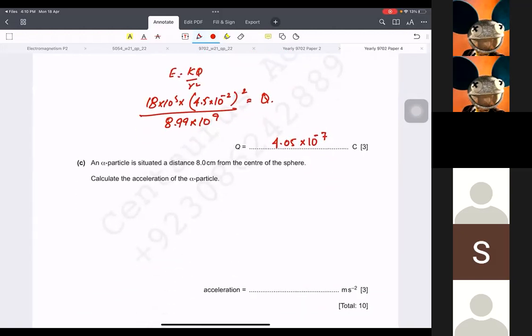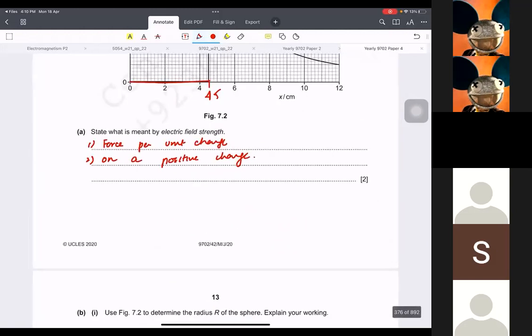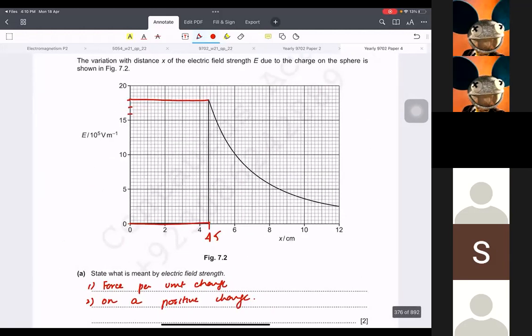Now, an alpha particle situated distance d from center, calculate the acceleration. So, an alpha particle situated 8 centimeters from the center of the sphere. Somewhere right here. Now it is in the middle, Lisa.